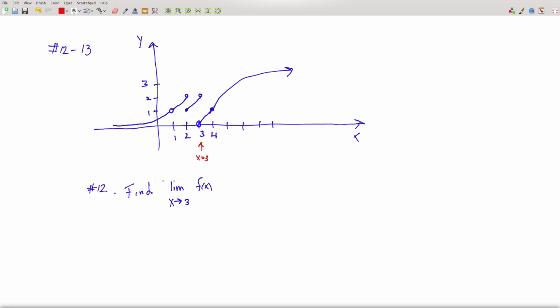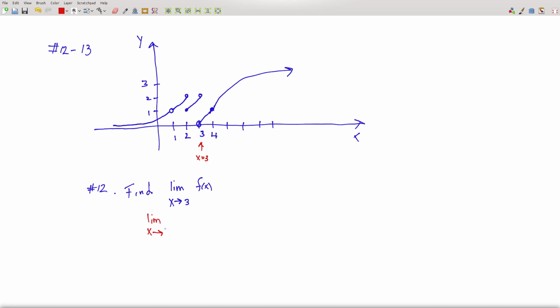And to think about these limits, you need to think about what the function is doing as we get closer and closer to 3 from the left and from the right. To begin with, let's look at what's happening as we approach 3 from the left.